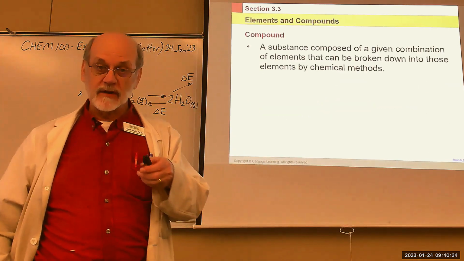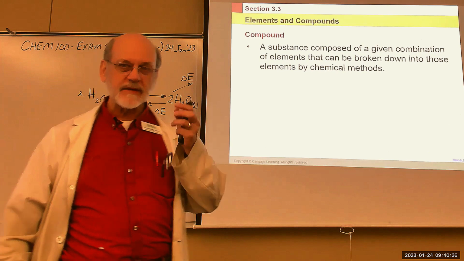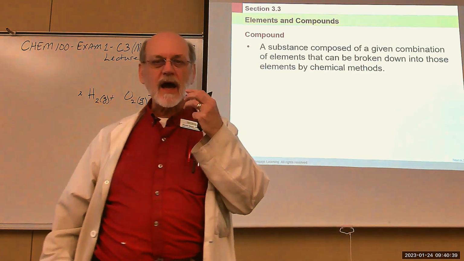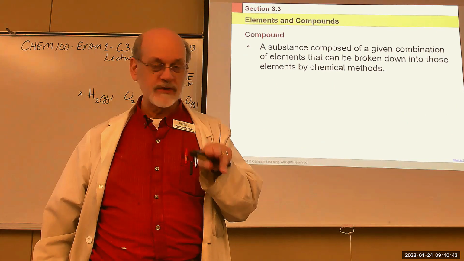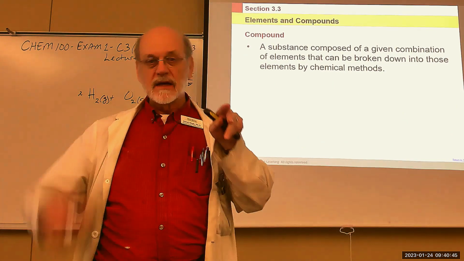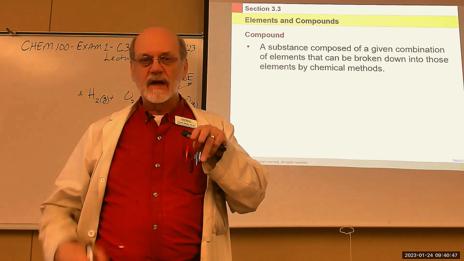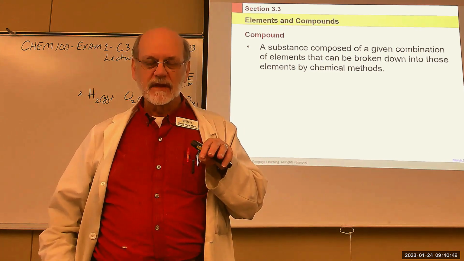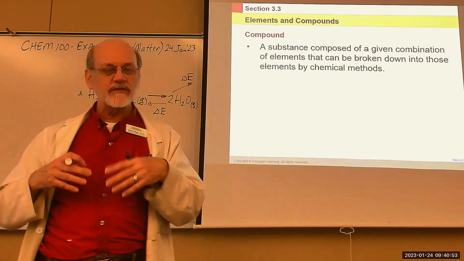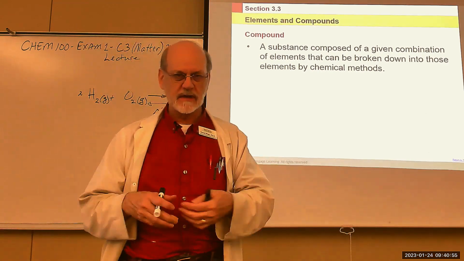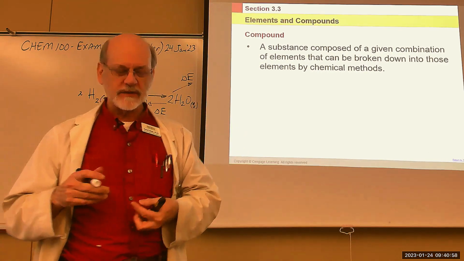A compound is a substance that's composed of a combination of elements, two or more elements together, could be 2, 3, 4 elements or more, combined in such a way that they bond together. We haven't talked about bonding yet, but just set that aside for the moment.